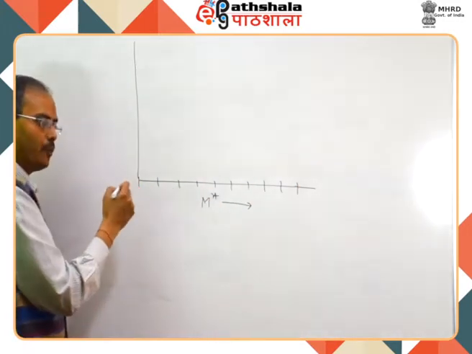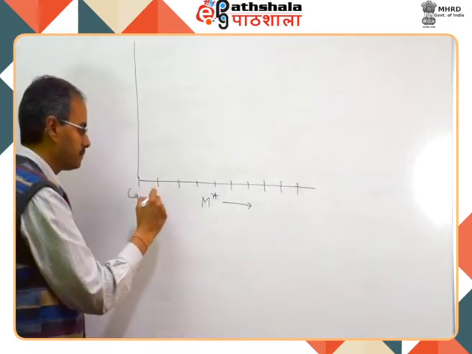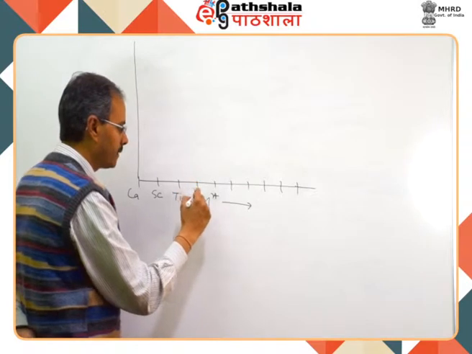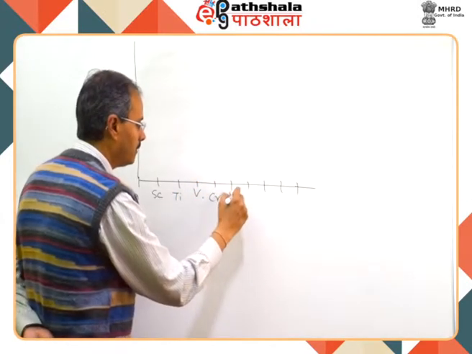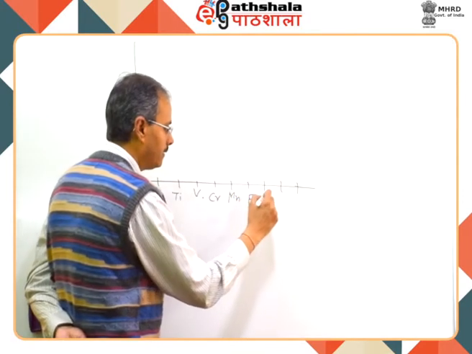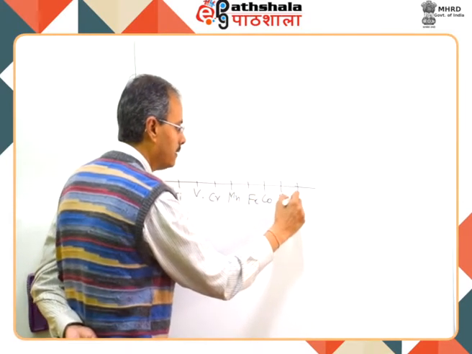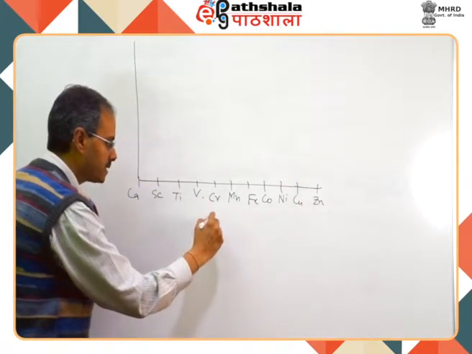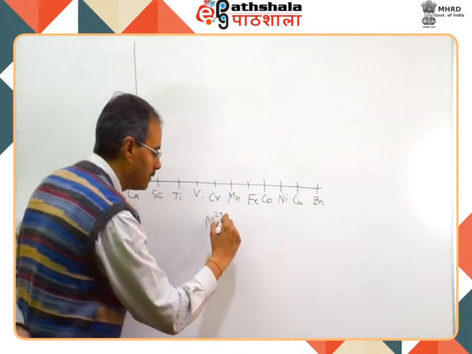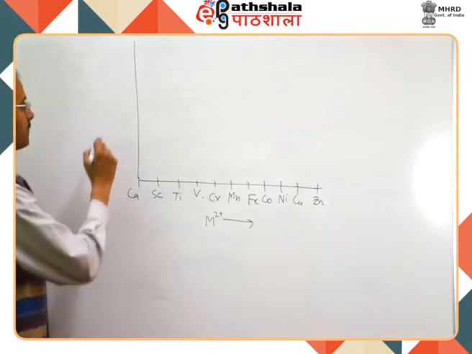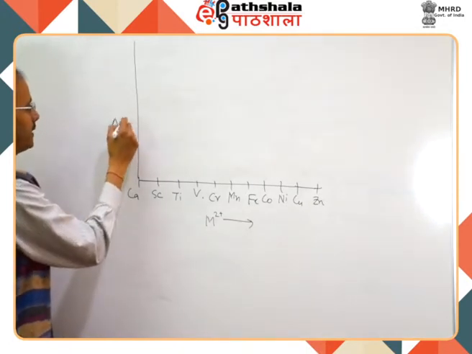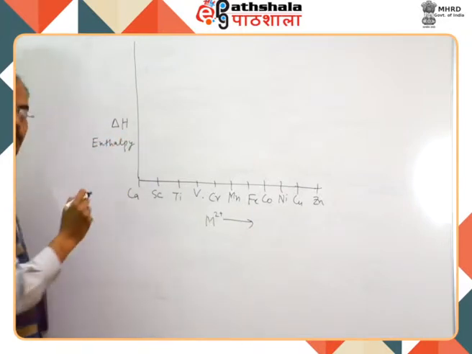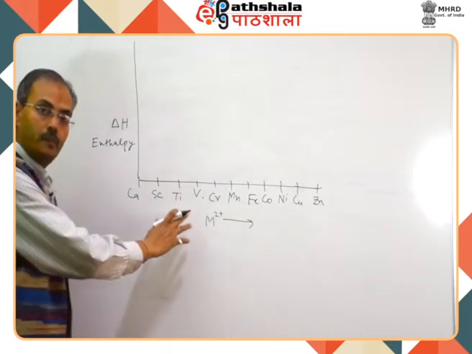That means the 0 point can be taken as calcium, scandium, titanium, vanadium, chromium, manganese, iron, cobalt, nickel, copper and zinc. So on the x-axis we have the M +2 ion in the +2 state, and on the y-axis we have delta H, which is nothing but the enthalpy for the hydration of the M2+ ion.